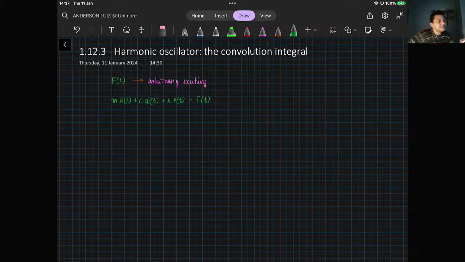The initial conditions are homogeneous. In other words, the oscillator is at rest at t equals 0. So at t equals 0, everything is 0. Initial conditions.